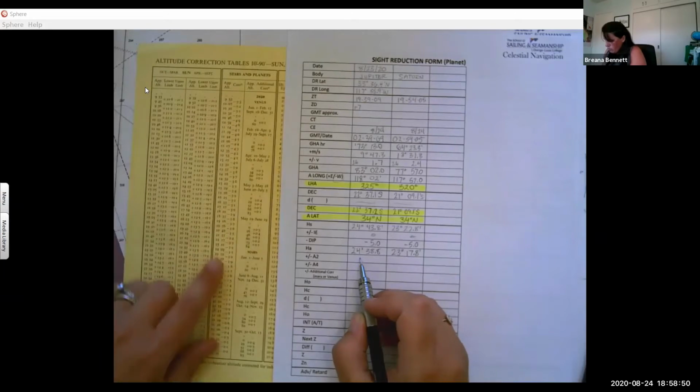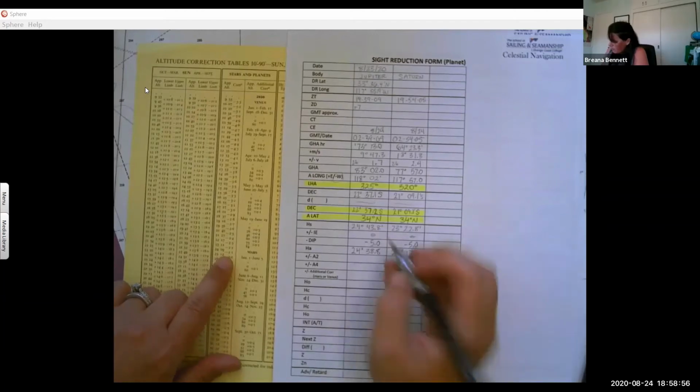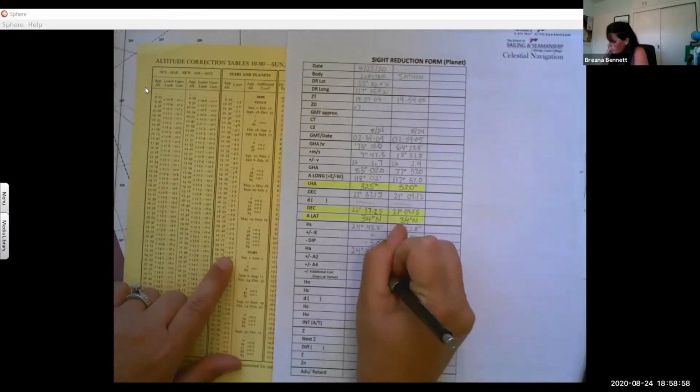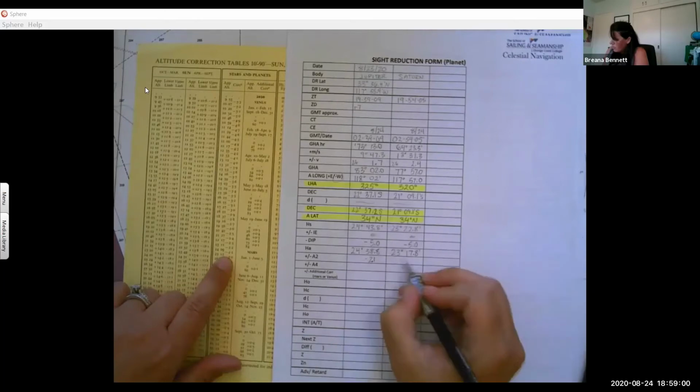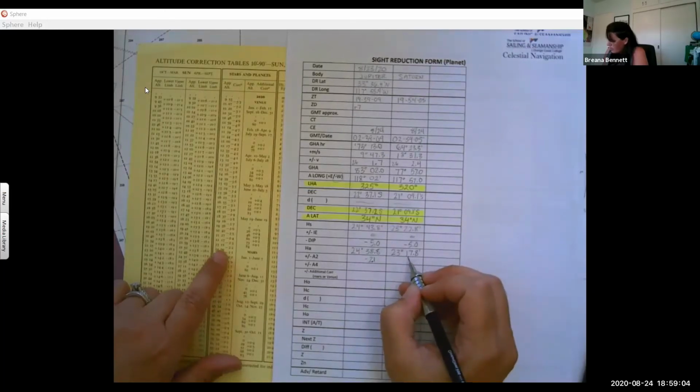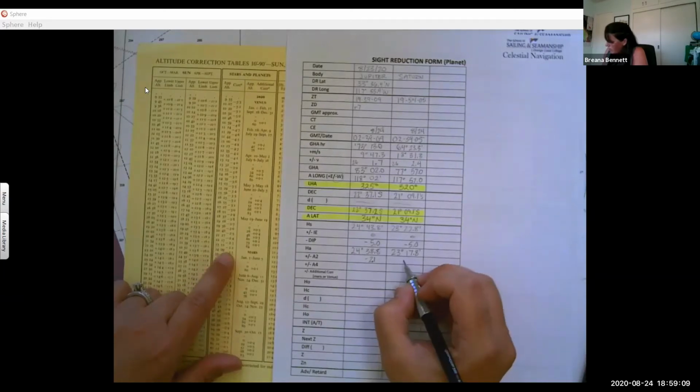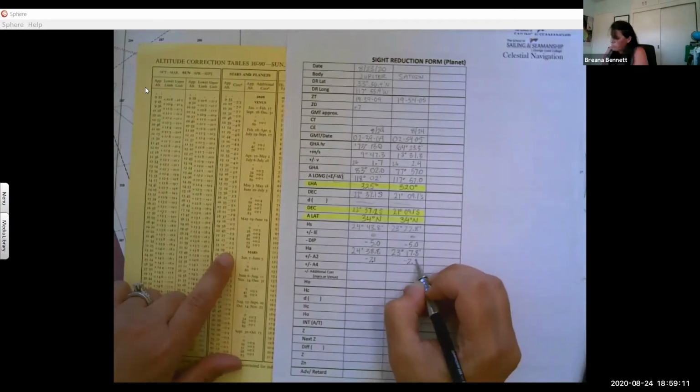So I'm going to find 24. In between 24 and 25, I have a correction of minus 2.1. And while I'm already here, between 23 and 24, minus 2.2.